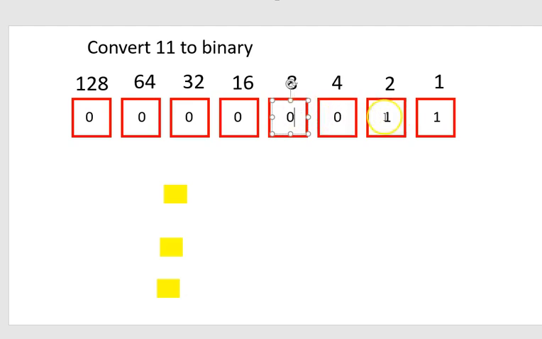Now, the video that I've got on the Moodle site also works on counting in binary, which is quite easy. I'll just do this orally. So let's go back and just ignore these zeros. If I have 1, I'll have a 1 in this column. If I have 2, I'll have no 1s, I'll only have one 2. If I have 3, I'll have one lot of 2 and I'll have 1.